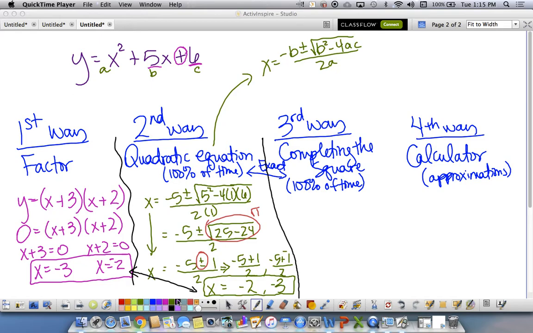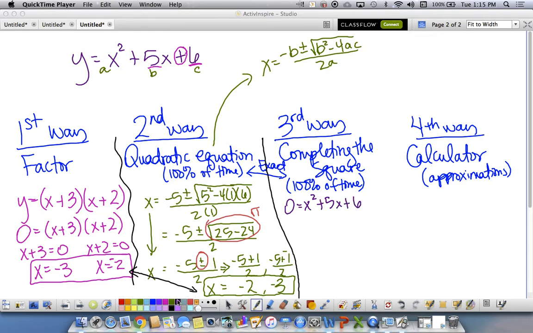We have an equation. We're going to set it equal to 0. I'm going to start with 0 equals x squared plus 5x plus 6.